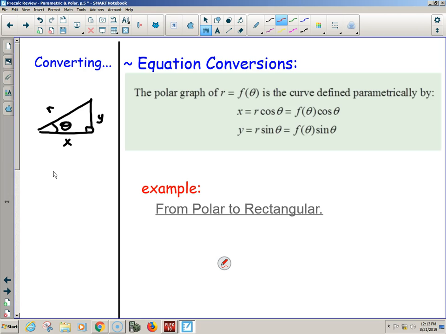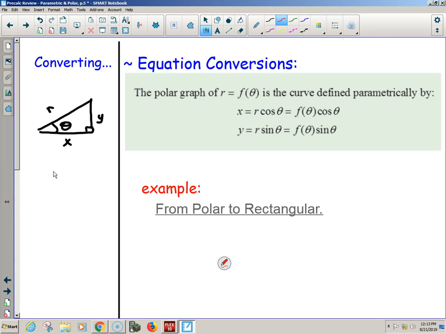If x equals r cosine theta, x equals f of theta cosine theta. y is equal to r sine theta, y is equal to f of theta sine of theta. Yeah, you can define polar curves parametrically by just plugging into x equals r cosine theta, y equals r sine theta. If they give you a polar function, you can technically go parametrically to get x's and y's.